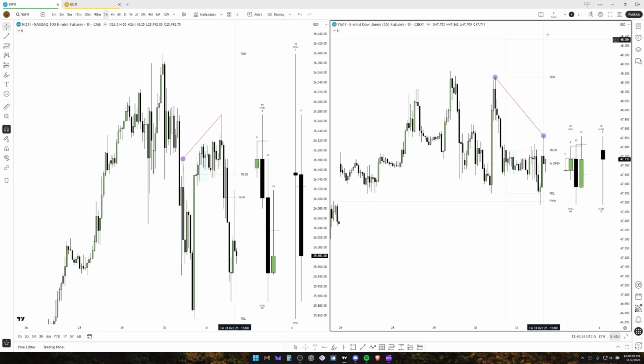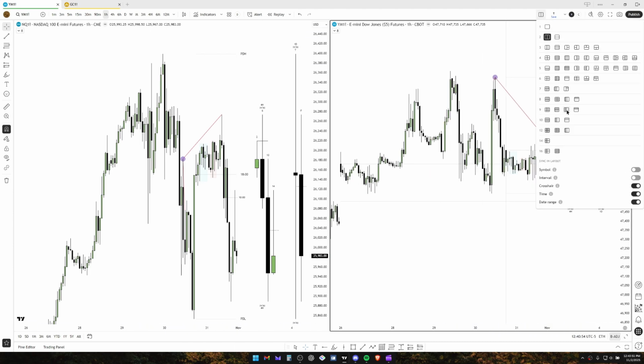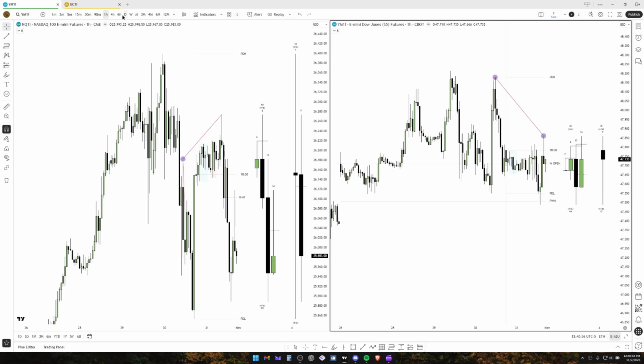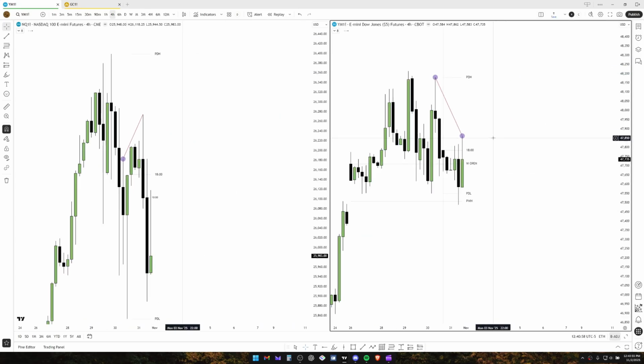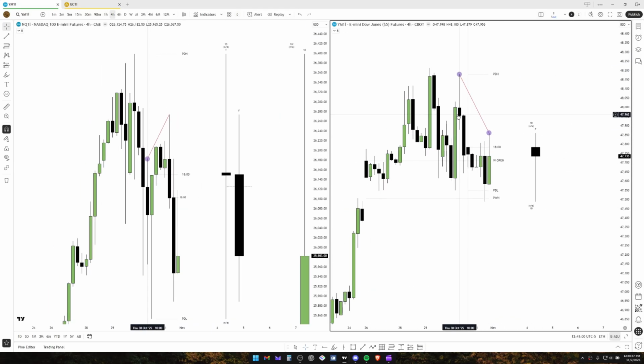Hold on, I think I'm looking at the wrong one. If I go on the 4 hour, I've got to find the 10 a.m. Yeah, 10 a.m. here. What line is this? This is 1800. 10 here.